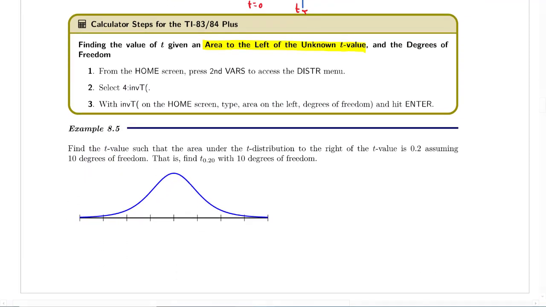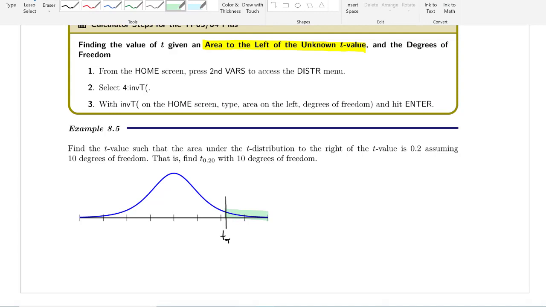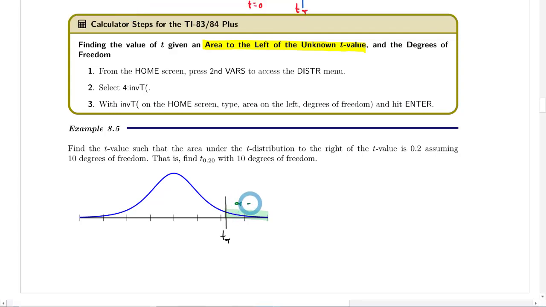So we'll find a t value such that the area under the t distribution to the right of the t value is 0.2. So here is t sub alpha, and the area in this tail here is 0.2.